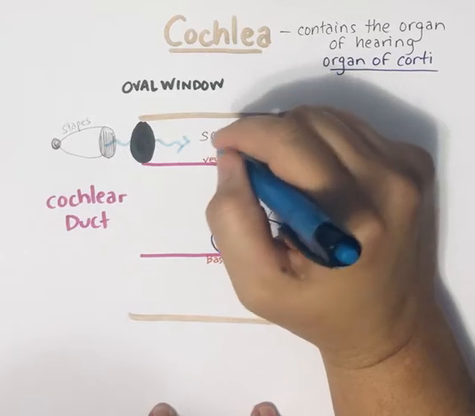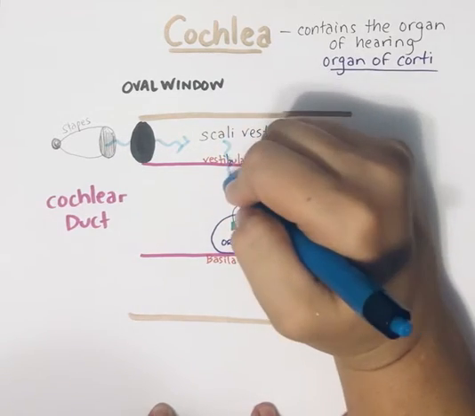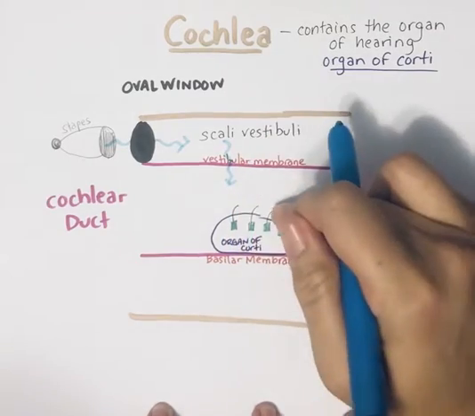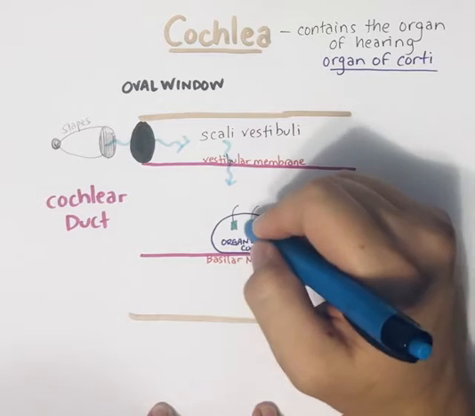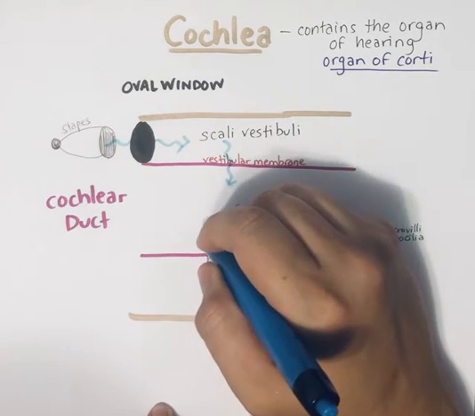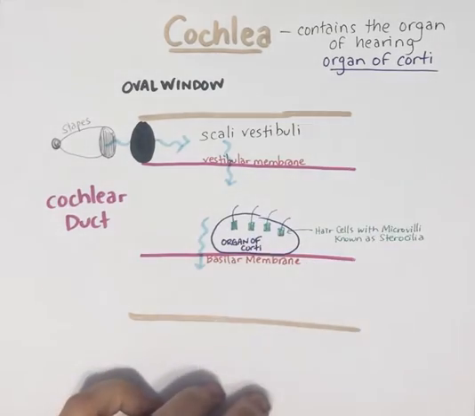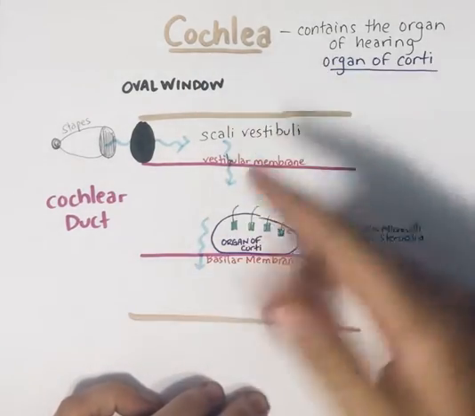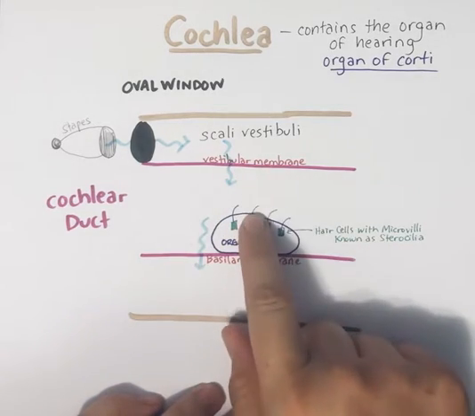So the vibrations travel through the vestibular membrane. Now these are going to bend the hair cells, but most of your hair cells are going to bend as the vibrations travel through the basilar membrane. So the basilar membrane literally is vibrating because this is full of endolymph and you're vibrating the fluid.